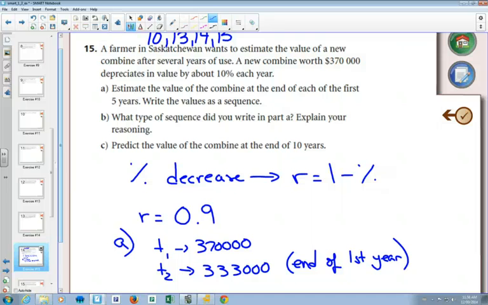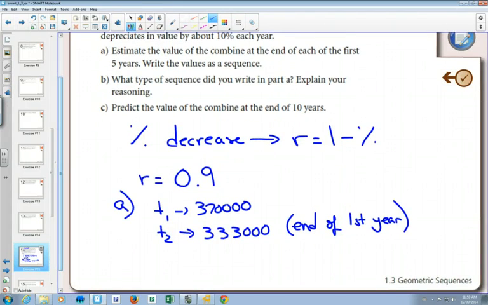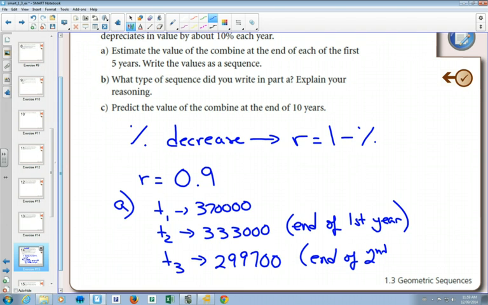Again, we got to be really careful with these word problems that we know what our terms mean. So term 3, you could take the answer you had there before and multiply it by 0.9 again. And now you get 299,700. That would be the end of the second year.